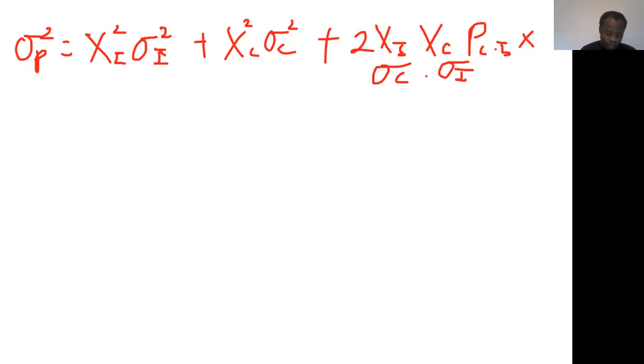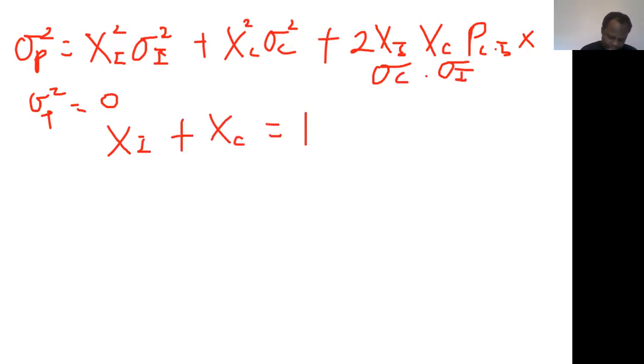That means if we remove all risk, the portfolio variance equals 0. Now, don't forget, we always have to get our weights, and the weights should sum to 1: the share of Intel plus the share of Coke equals 1. So I can say the share of Intel is equal to 1 minus the share of Coke.